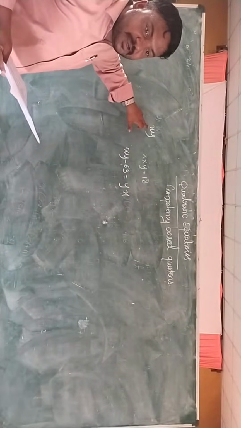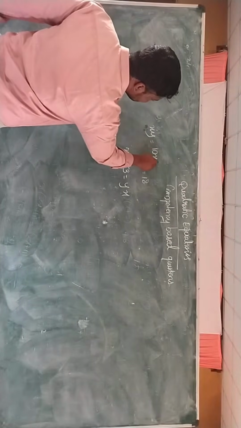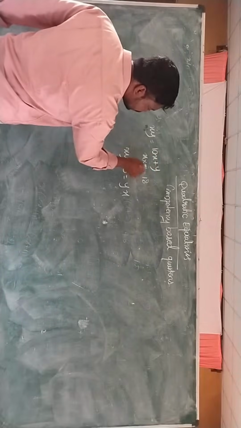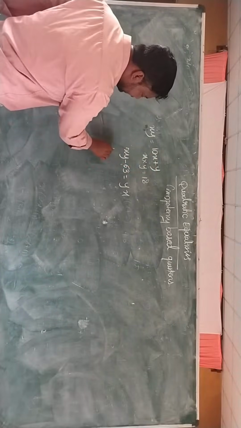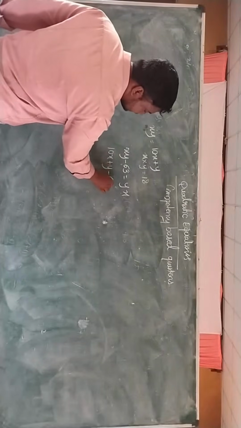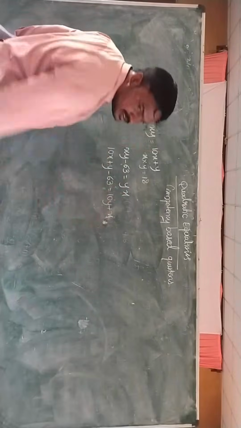Here xy means it is a two-digit number, which you can write as 10x plus y, and the product is x into y. In place of xy you can take 10x plus y minus 63 equals yx, which is 10y plus x. Okay, solve this. You can try.